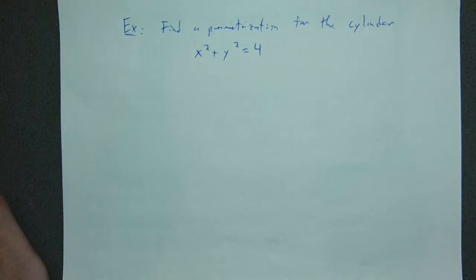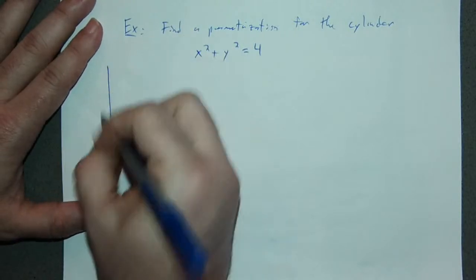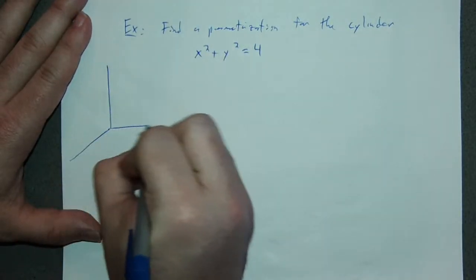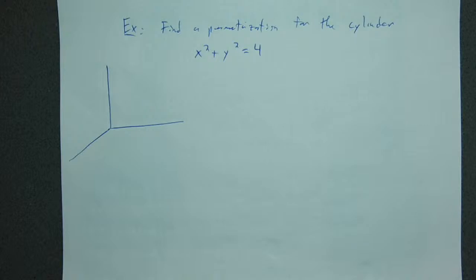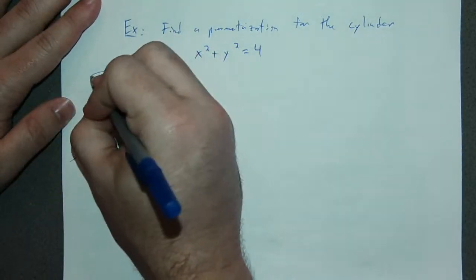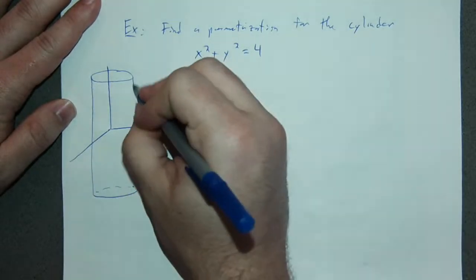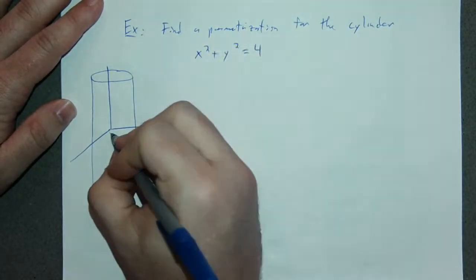Okay, so what does this cylinder look like? This is an infinite cylinder. x squared plus y squared is equal to 4. I have a cylinder that looks like this. Maybe here.